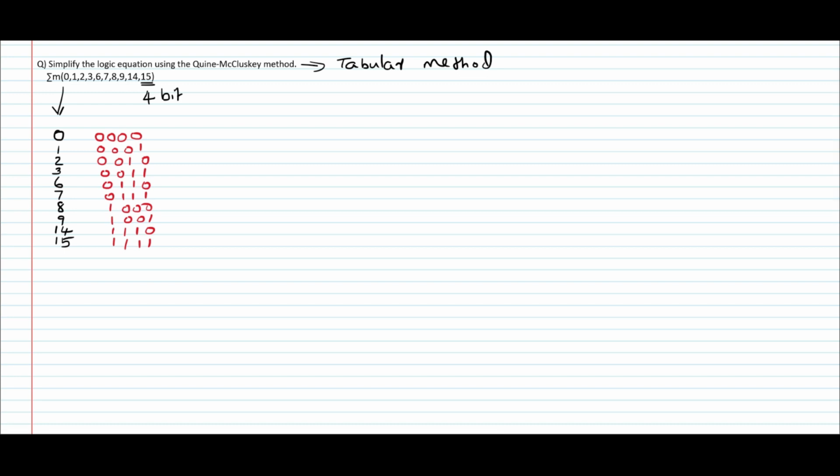As a first step, we will create a table and we will name it table 1. In this table, we have a column known as group, then min term, and the variables.